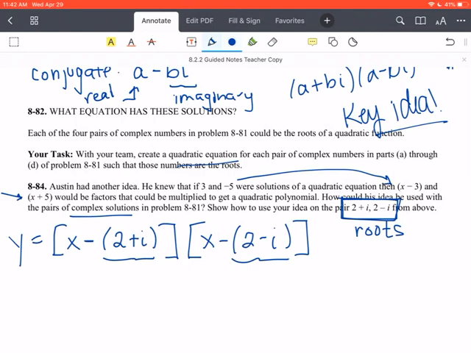So y equals, because we're creating a quadratic function. Now we are going to make sure to be careful with this minus, and distribute it through. So we have x minus 2 minus i, and then we have x minus 2 plus i.